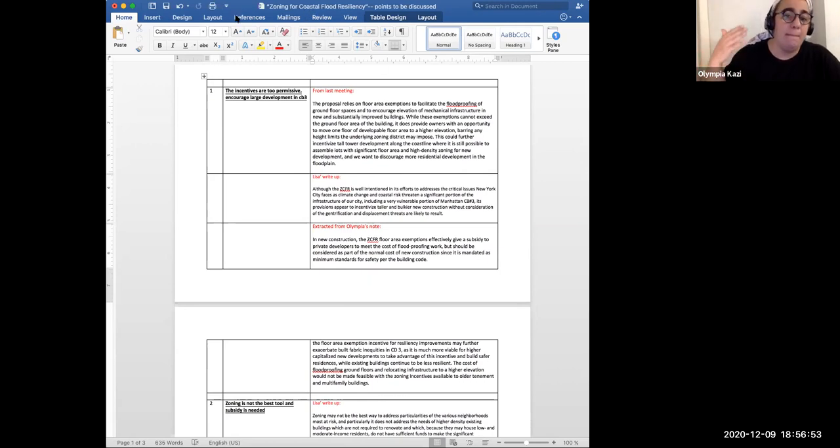So I believe the best way is to make it a mandate, and then if there is low-income construction, you subsidize, but you want to make sure all communities have equal safety from flood.